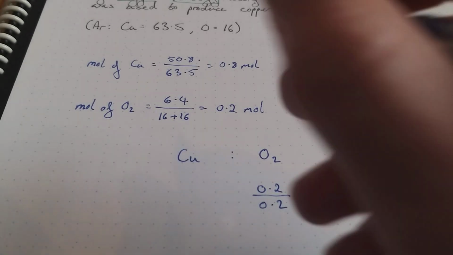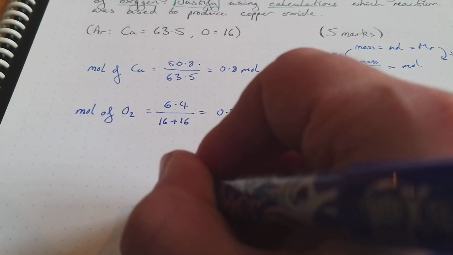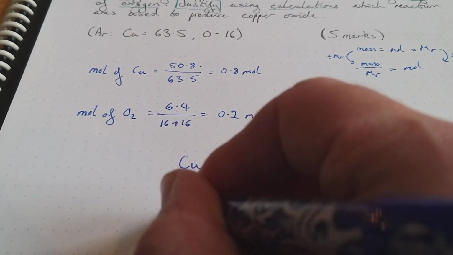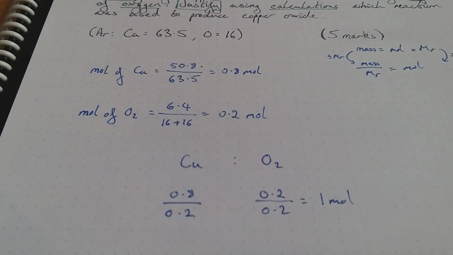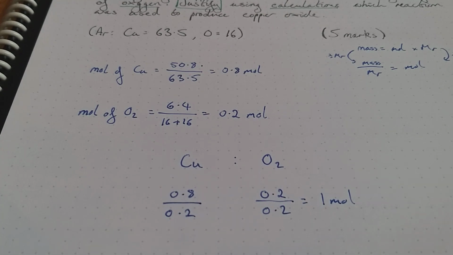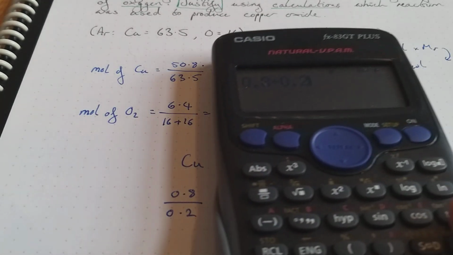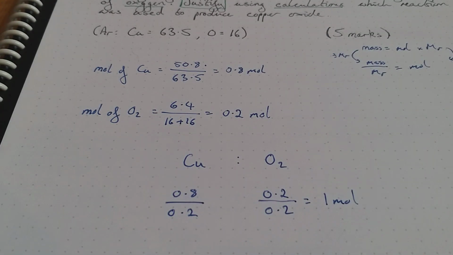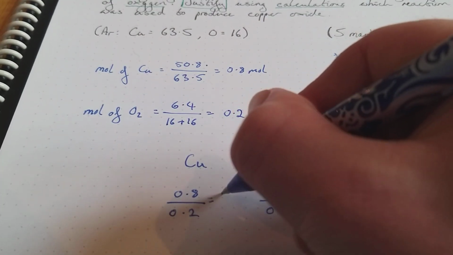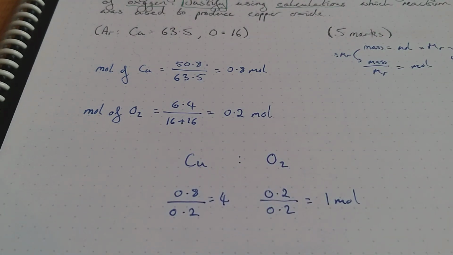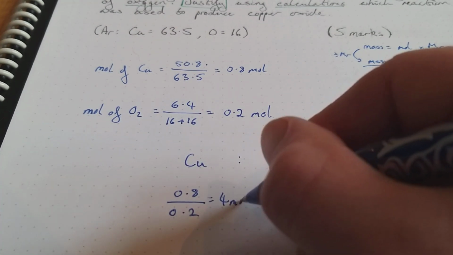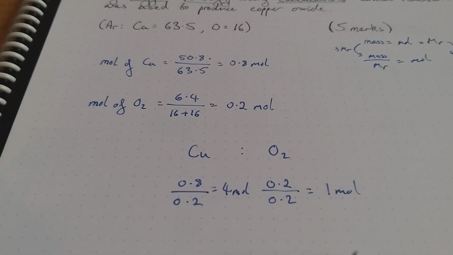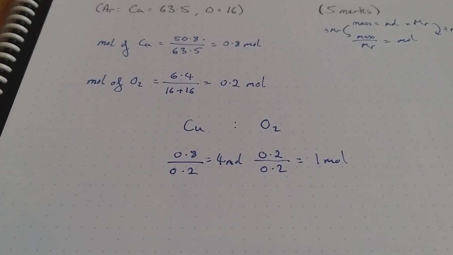And then if we do 0.8 moles of copper divided by 0.2, 0.8 divided by 0.2, just putting that in the calculator, that tells us we've got 4 moles of copper. And then we need to justify, so we need a sentence explaining this down at the bottom.